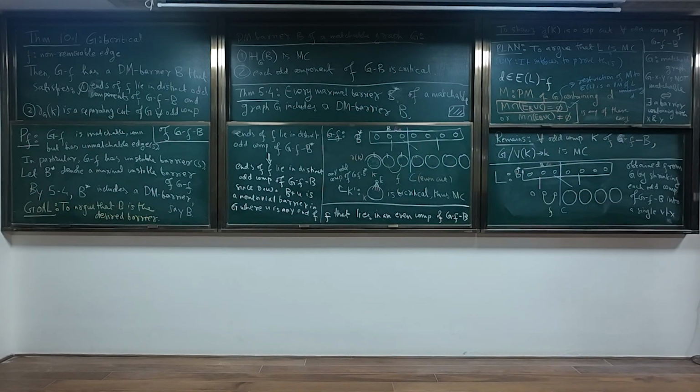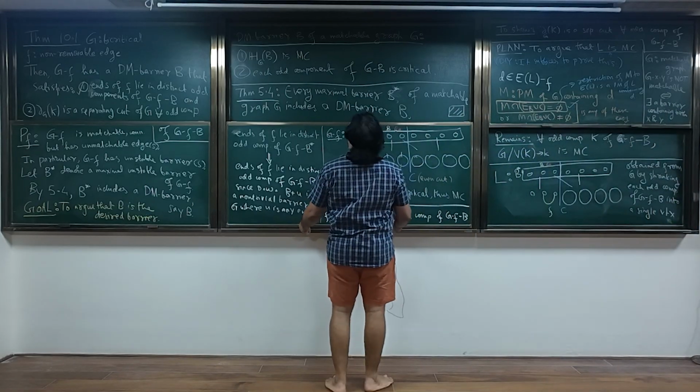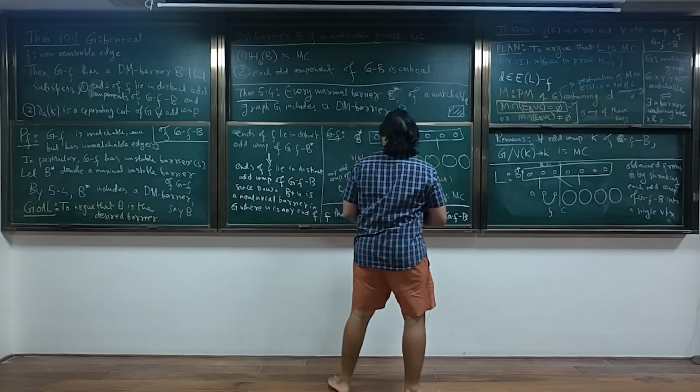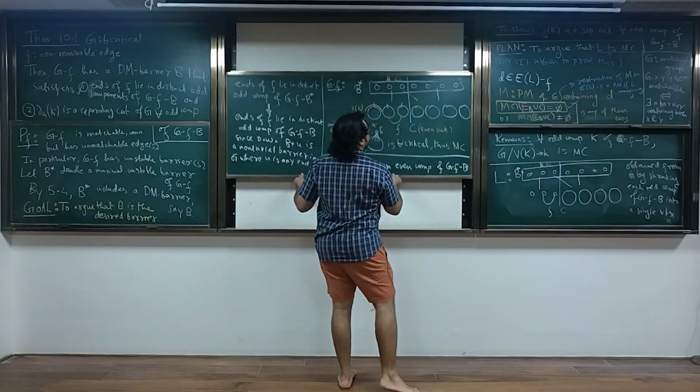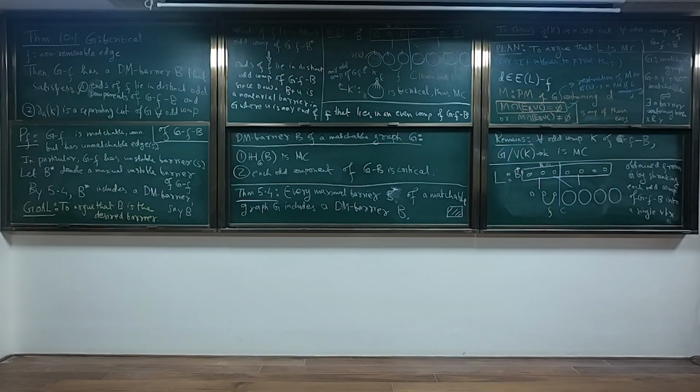Now let's suppose that the intersection is non-empty. Then what does it look like? I need some more space, so I'll make some more space here.